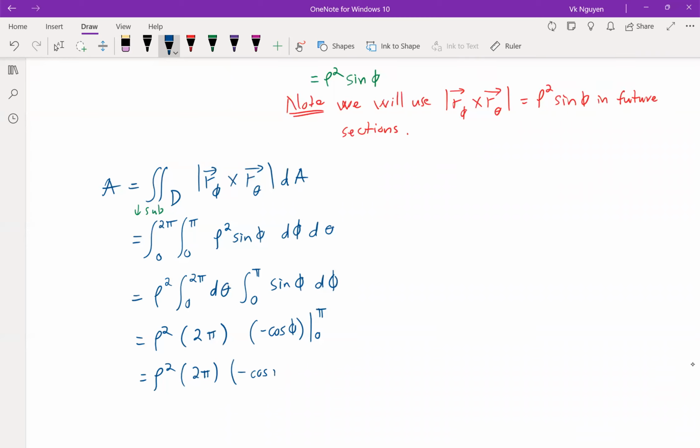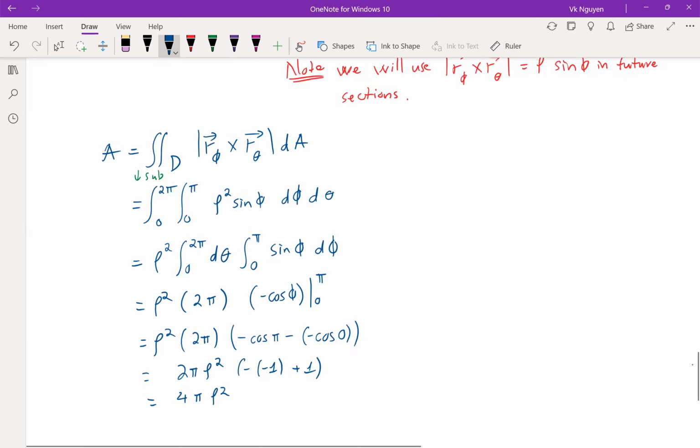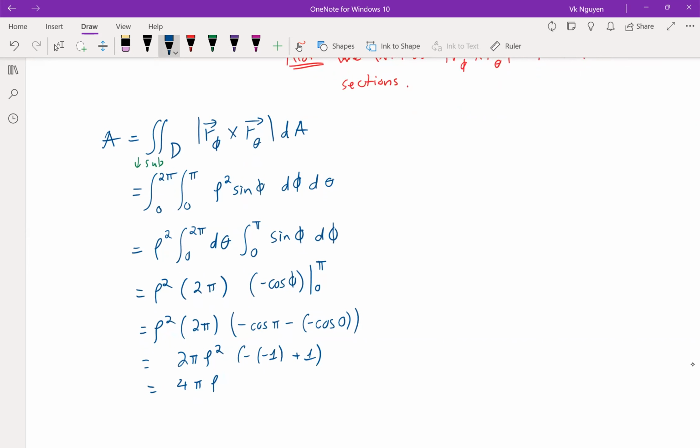Okay, actually we have minus cosine 0, right? So I have 2 pi rho square times minus the quantity negative 1 minus 1, so that we are 4 pi rho square. Oh, finally we figured out the surface area of a sphere. Pretty cool, huh?